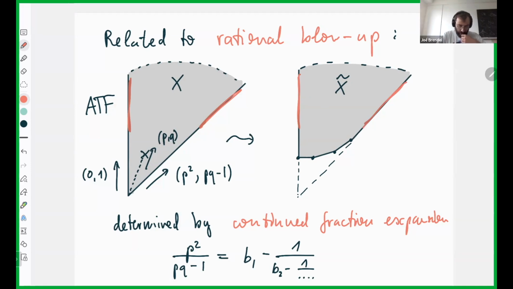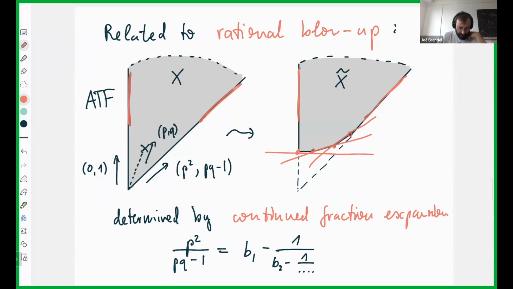And so I can remove this picture on the left-hand side and glue in the picture on the right-hand side. And what happens on the right-hand side is that we have performed a series of symplectic cuts such that all of these vertices are Delzant. So it's nice and smooth, this thing that we glue in on the right-hand side.